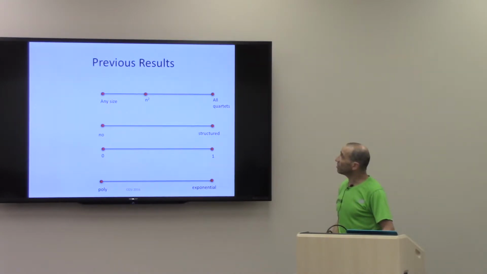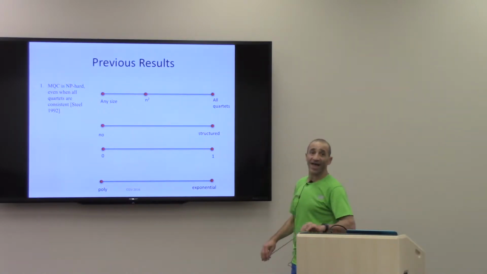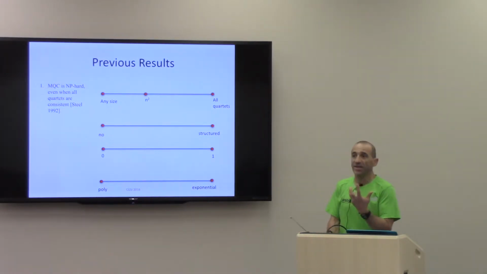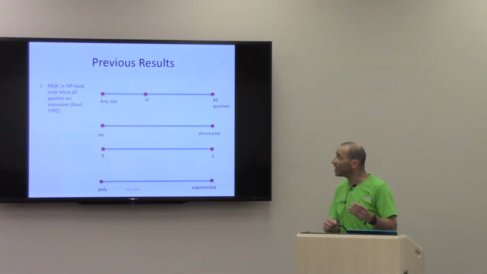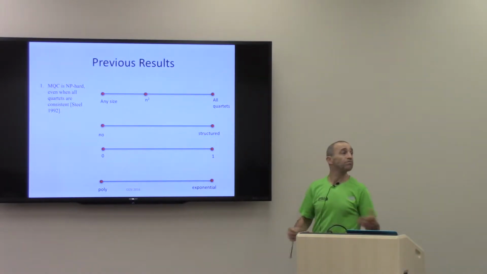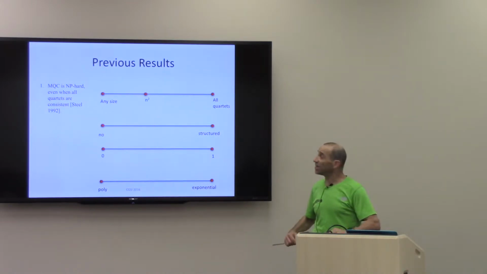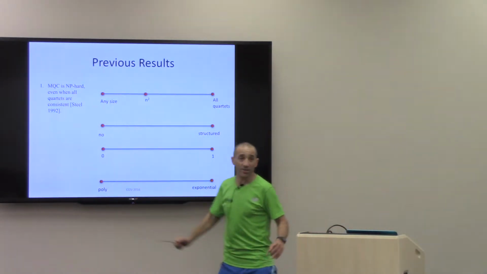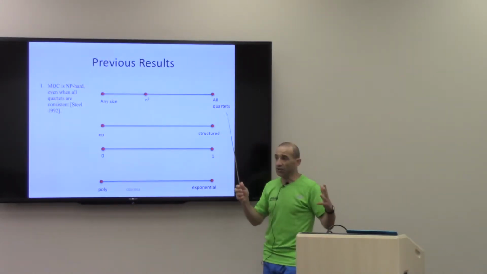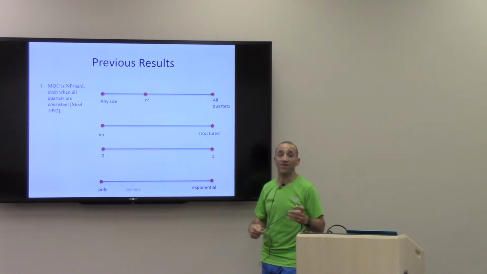So what are the previous results? The first result, from 92, was that the problem is hard. This was quite a significant result because, come on, the triplet problem was so easy, so what's the difference? The difference is that even when all quartets are consistent, as opposed to triplets where we had divide and conquer, here there is no divide and conquer.